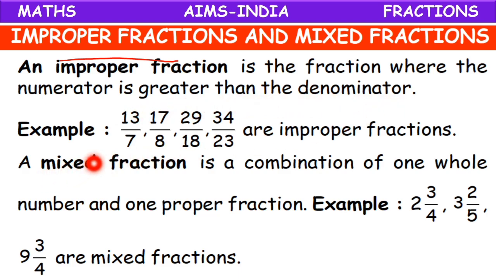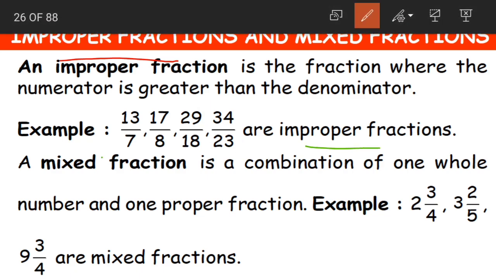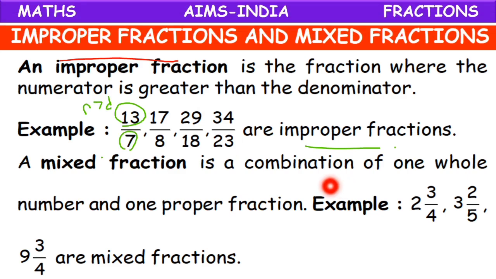What are examples for this? 13 by 7, 17 by 8, 29 by 18, 34 by 23. All these are improper fractions. If you observe, in all the cases, the numerator is greater than the denominator. Now coming to the new type of fraction here, which is a mixed fraction. What does mixed mean? It has more than one variety in it.